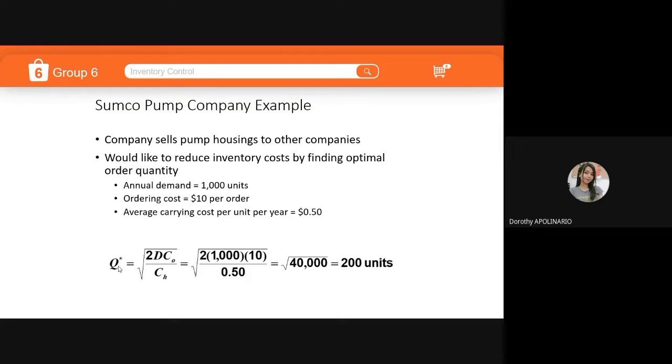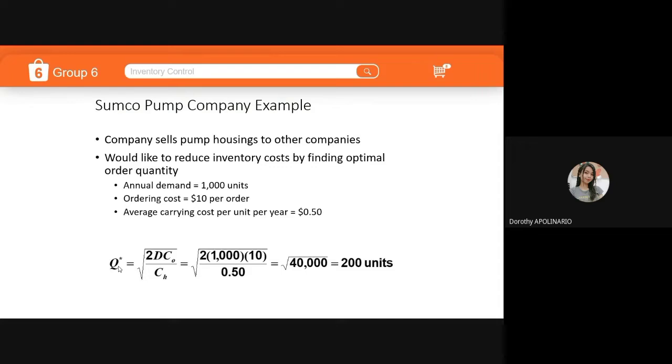So let us use Sumco as an example. It is a company that sells pump housing to other companies, and they would like to reduce inventory costs by finding the optimal order quantity. So these are the givens. The annual demand is equal to 1,000 units. The ordering cost is equal to $10 per order, and the average carrying cost per unit per year is $0.50.